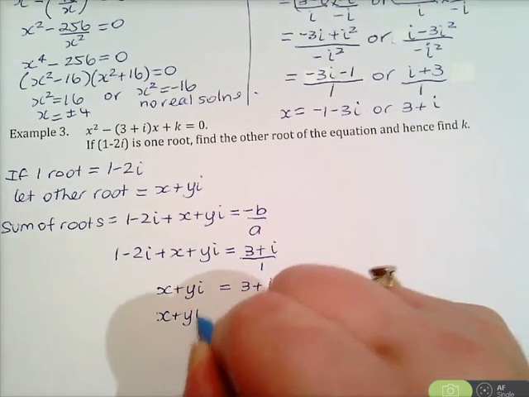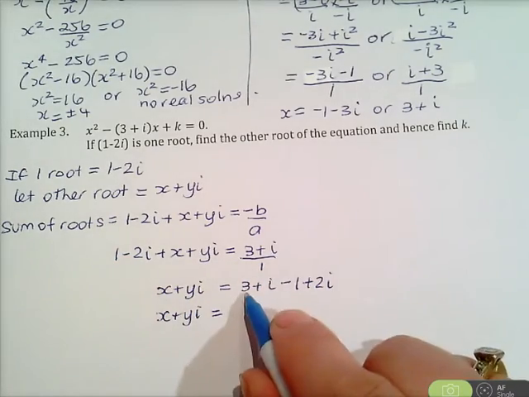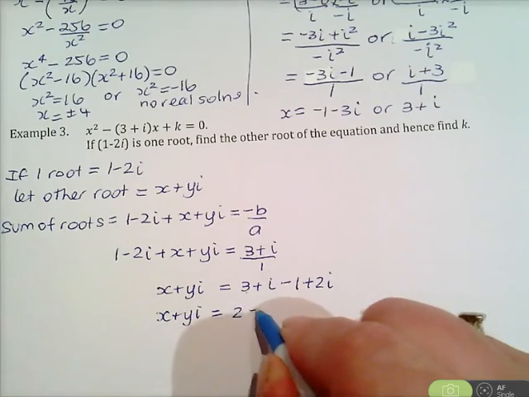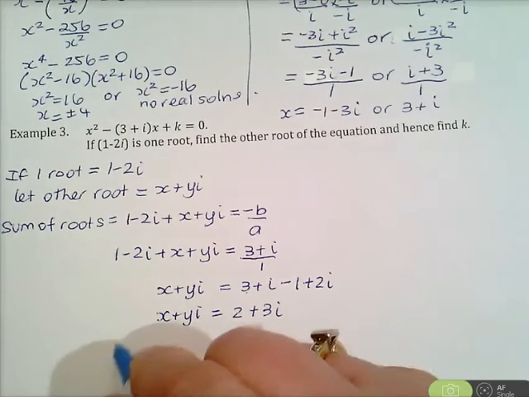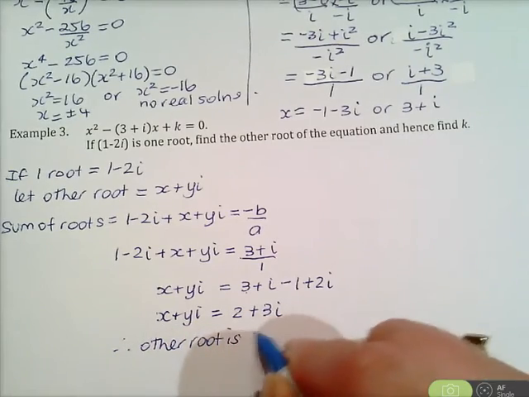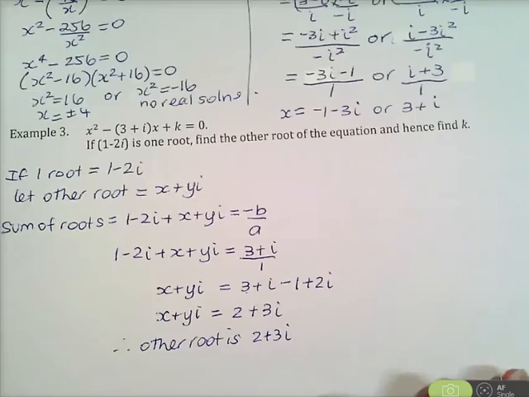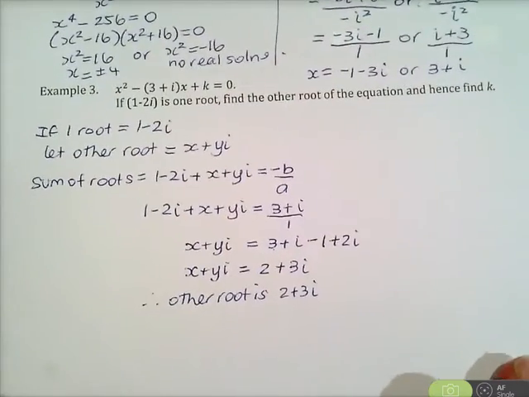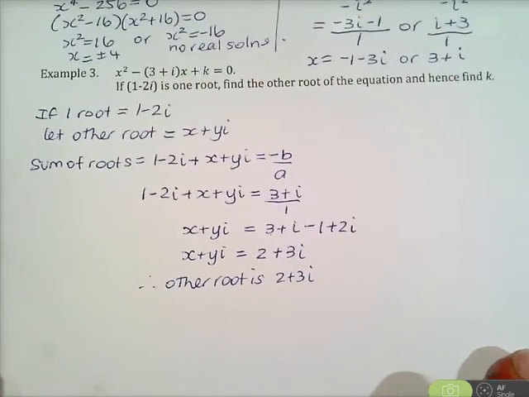So x plus yi is equal to 3 minus 1 is 2, plus 3i. Therefore, the other root is 2 plus 3i. So we've found the other root. Now, we still need to find k.